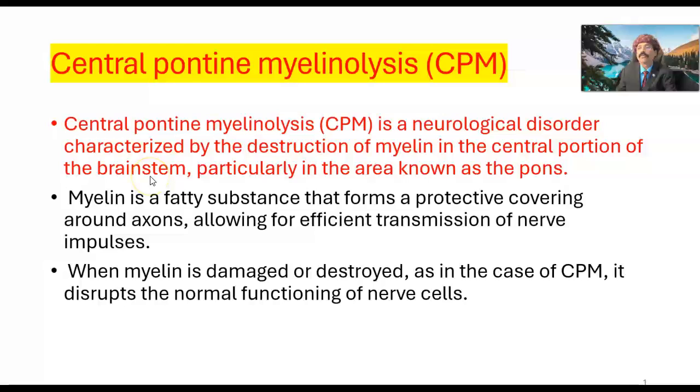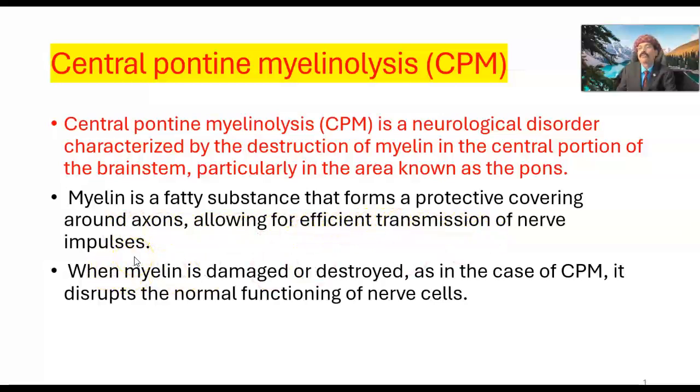Brain stem has three parts. The upper part is the midbrain, the middle part is the pons, lower part is the medulla oblongata. So what happens? There is destruction of myelin. Myelin is a fatty substance that forms a protective covering around axons, allowing for efficient transmission of nerve impulses.